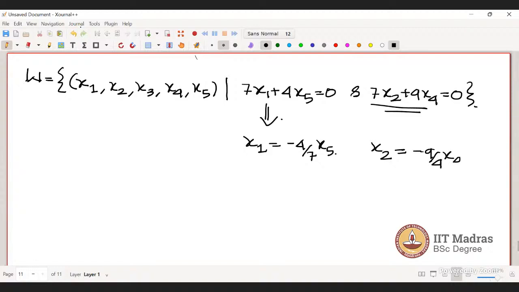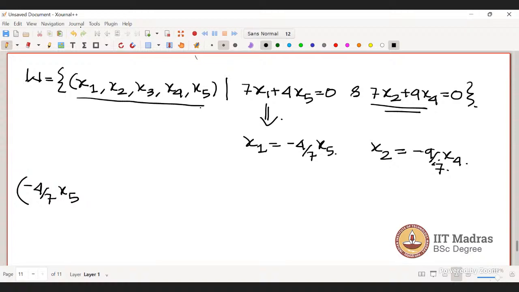X4, right? So an arbitrary element of this space should be in this form, right? Minus 4 by 7. Not 9 by 7. Sorry, it should be minus 9 by 7.